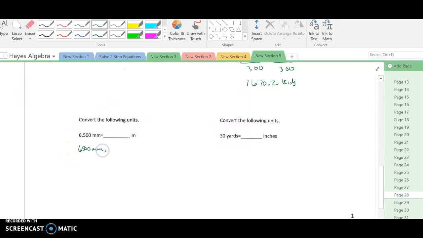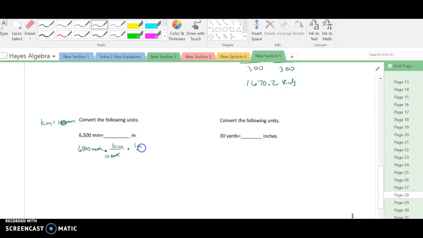6,500 millimeters times, right? Remember our conversion, 1 centimeter is equal to 10 millimeters. So what we're going to do is we need the millimeters to cancel out. So those cancel out. So 1 centimeter is equal to 10 millimeters times, now we need the meters to come into place.